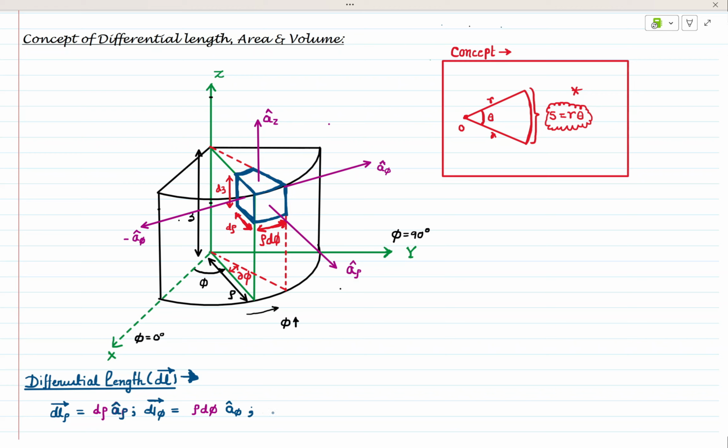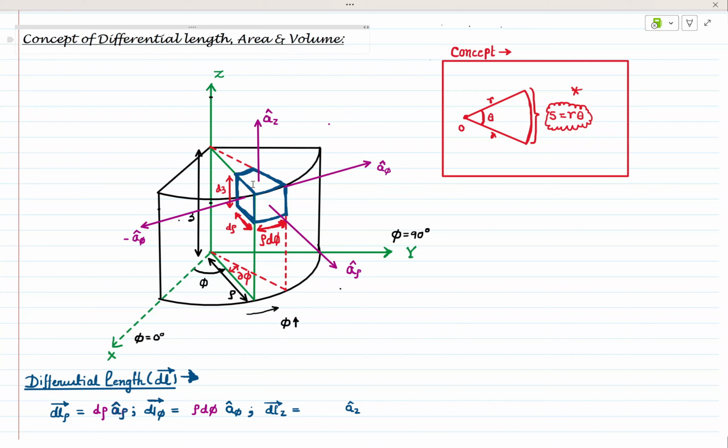Now the last one, the differential length in the direction of z. As it is in the direction of z, I can write it as az. Now in the az direction, let us see what the component of this small section is.